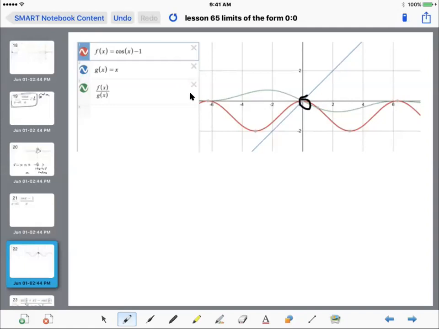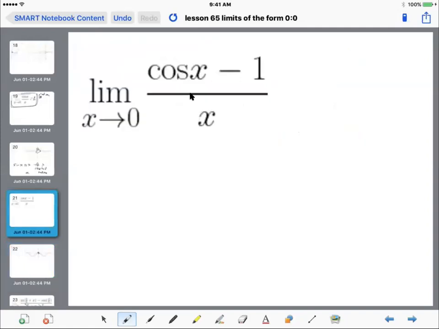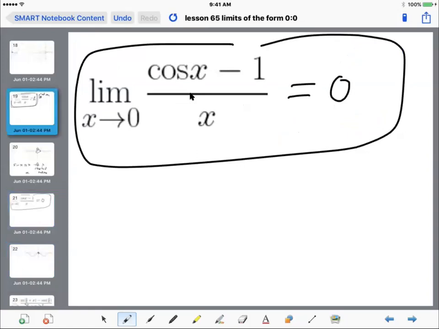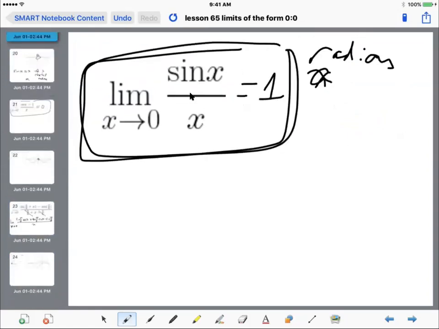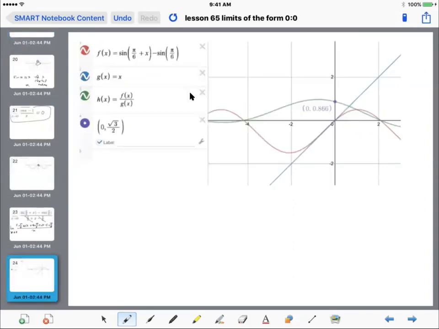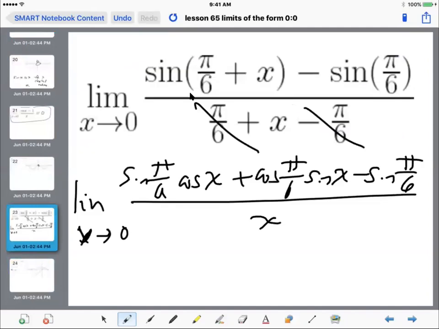That's an informal reason why the limit as x approaches 0 of cosine x minus 1 over x is not 1, but it is 0. So this fact and this fact are two facts we have in our back pocket so that we can continue with this question.